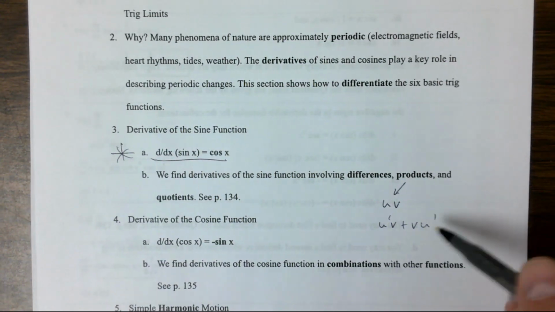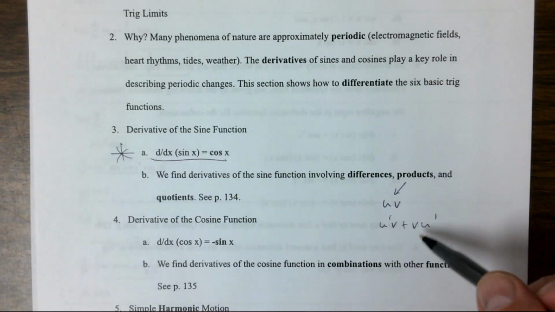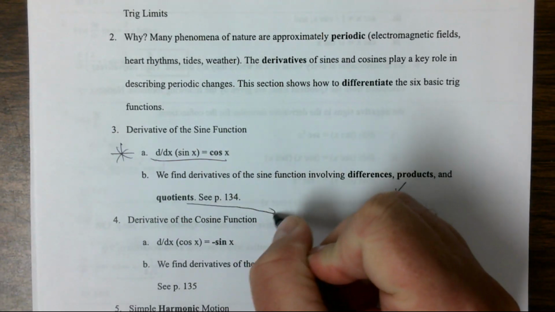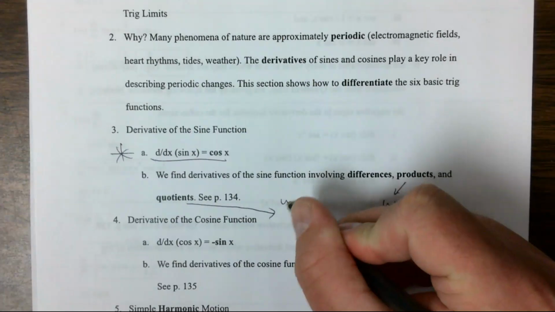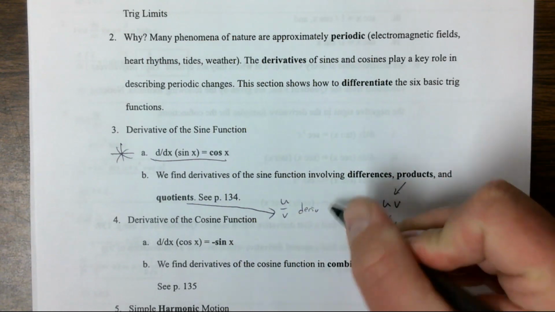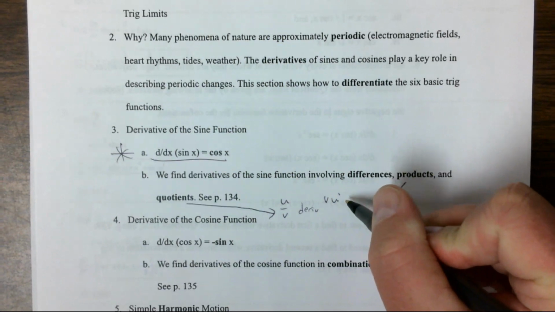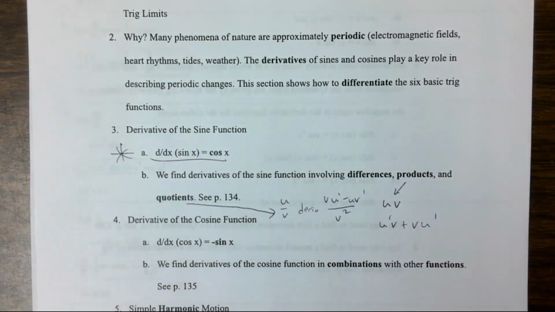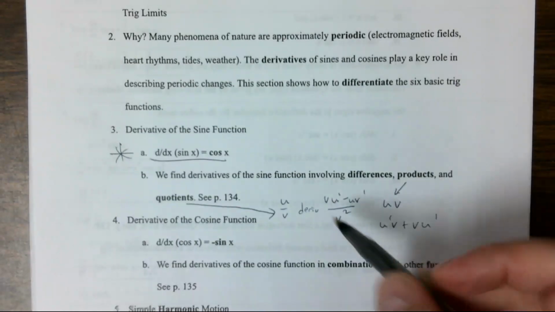Or you could do it in the different order. That doesn't matter because it's plus. But for quotients, if you think of u over v, the derivative would be v times u prime minus u times v prime, over v squared. So those are ones we're going to use.